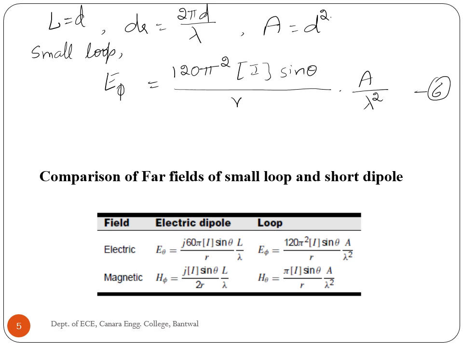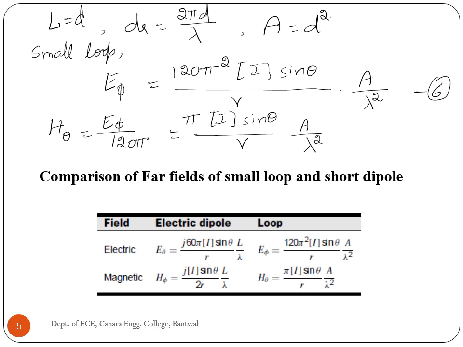The other component of the far field of the loop is H theta, which is obtained from equation 6 by dividing by the intrinsic impedance of the medium. In this case, it's free space. Thus, H theta is equal to E phi divided by 120 pi, which is equal to pi I sin theta divided by r into A by lambda square. 6 and 7 are the fields of the small loop.